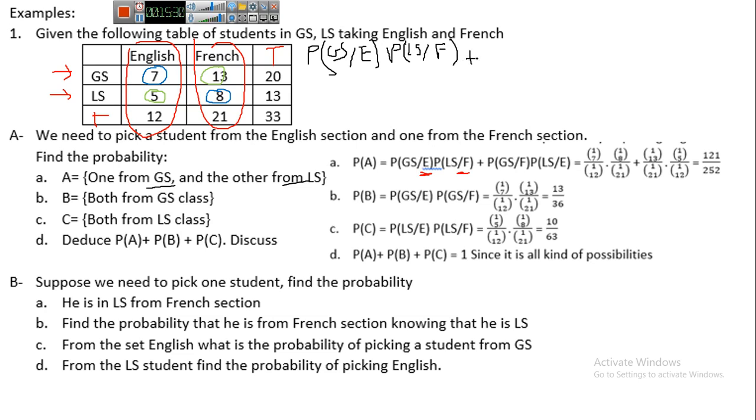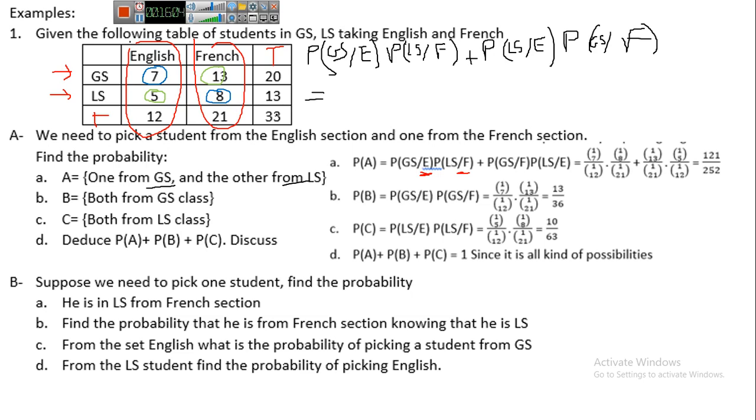Plus, or I can pick from the English, not GS now, the green one, the LS, times probability from the French, I pick GS. So this is conditional probability because I want to pick one from French, one from English to be different, one GS, one LS.